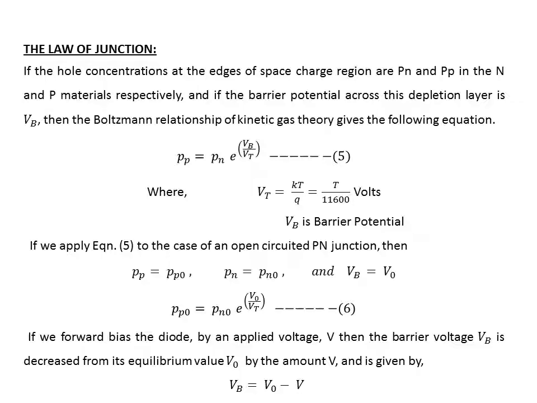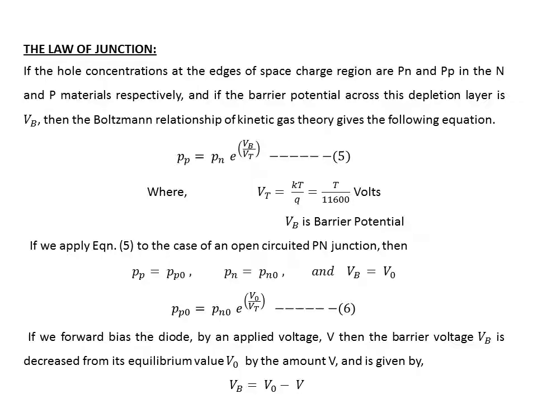Vb is the barrier potential, Vt is the volt equivalent temperature, which is given by the expression kT by Q, where K is the Boltzmann constant, T is the temperature in Kelvin and Q is the charge of the carrier, that may be either electron or hole, which is represented as T by 11,600 volts.